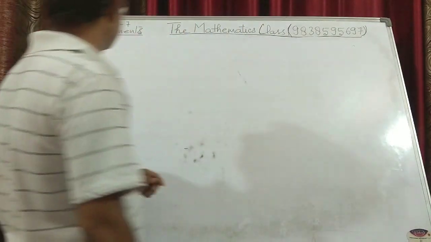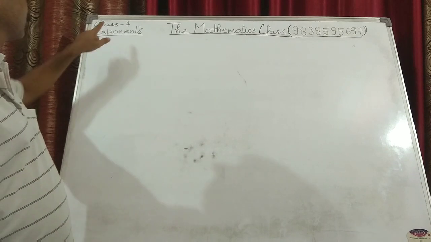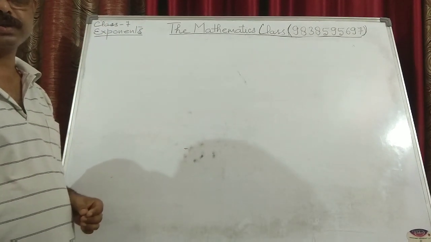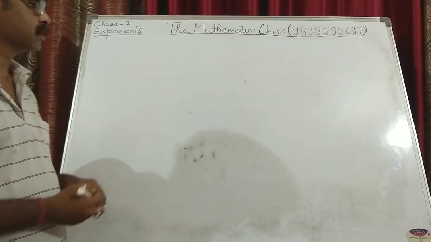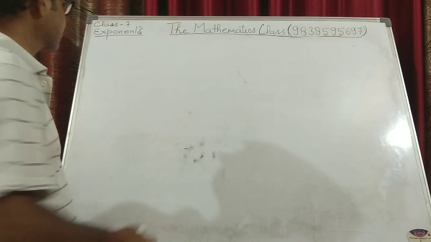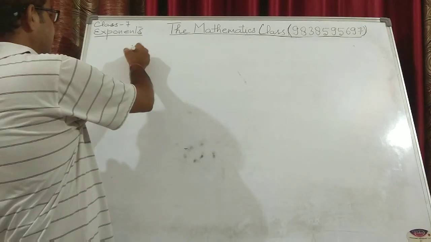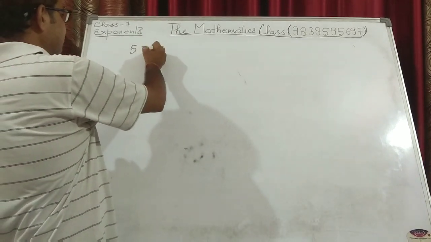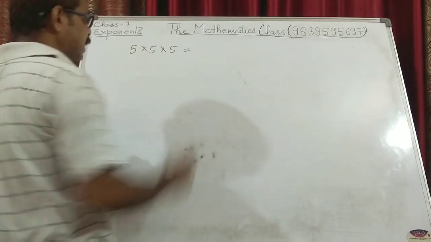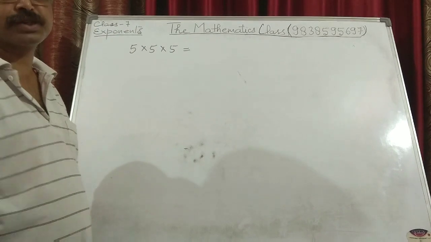Mathematics class. This class is for class 7 and the chapter that we are going to discuss is about exponents. Now, you all have learnt in smaller classes, suppose I write 5 multiplied by 5 multiplied by 5. This can be written in compressed form.